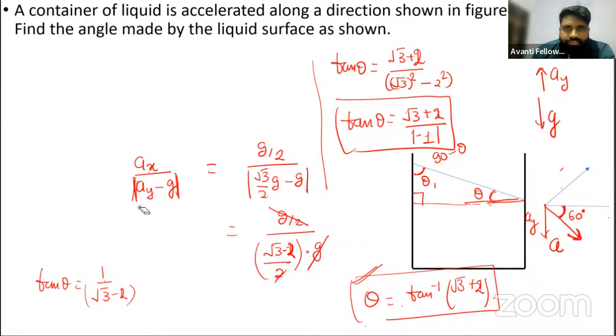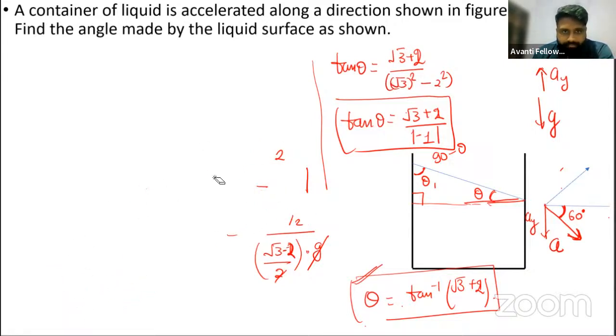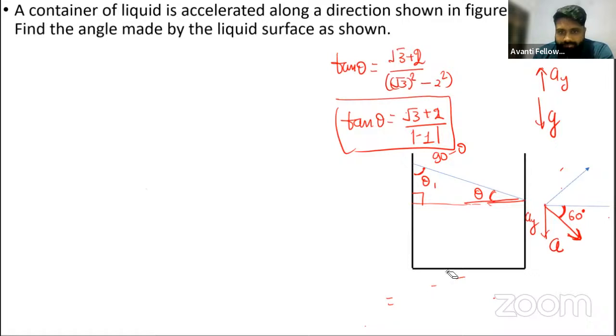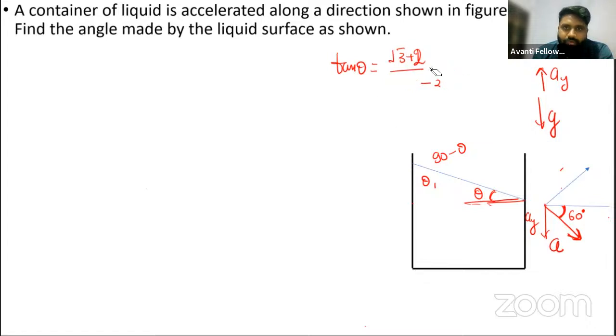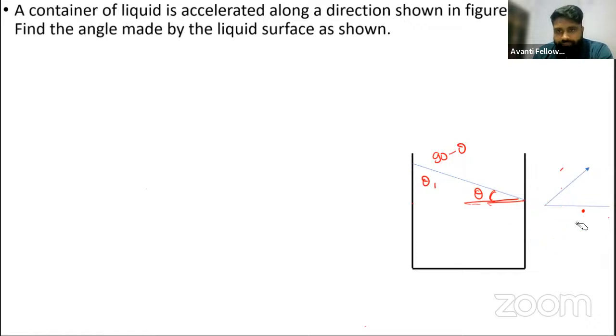Okay. So there is another question from the same series that can be asked. So the container is same and you have to find the angle also. But the question says such that the value of acceleration now is given as t square meter per second square.